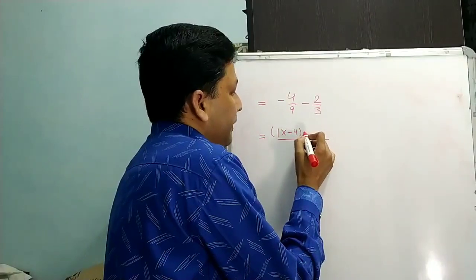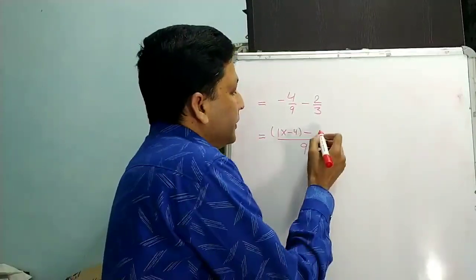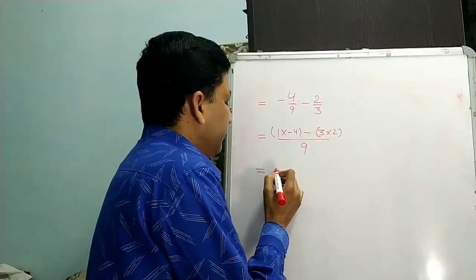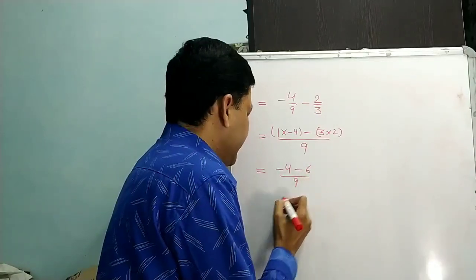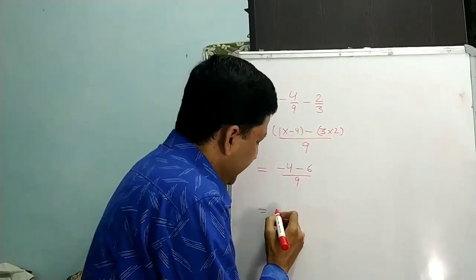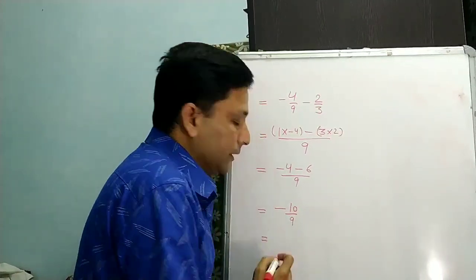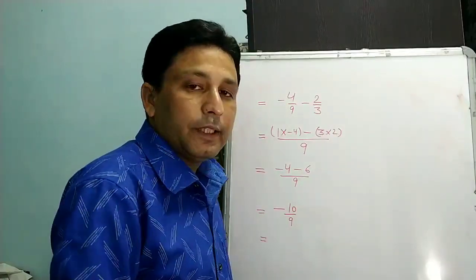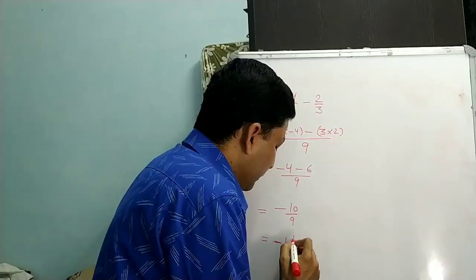Now here we will write minus symbol, in the table of 3 it will come 3 times, 3 into 2, and after multiplying here we will get minus 4 minus 6 upon 9. In the further step we will write minus 10 upon 9, and here you can see that 10 is greater than 9, so we will convert into the mixed fraction, that is minus 1 whole 1 upon 9.